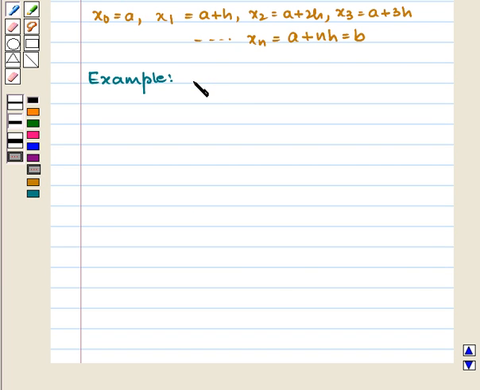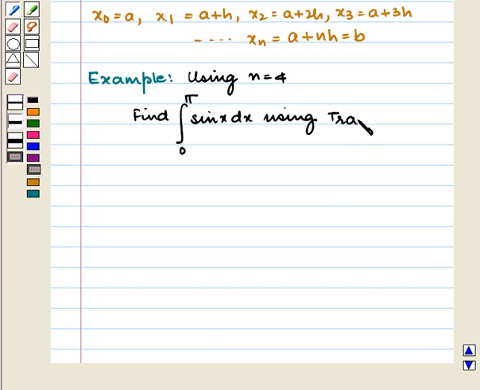Let us see an example. Using n equal to 4, find the integral from 0 to pi sin x dx using the trapezoidal rule. Now here a is equal to 0, b is equal to pi and n is given as 4.